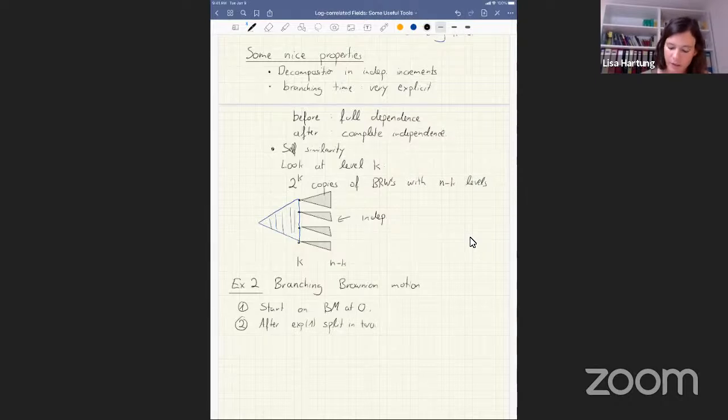So let's say here's 0. I wiggle around, I'm the Brownian motion. Here is my first branching point. Now I become 2. Maybe use a different color.